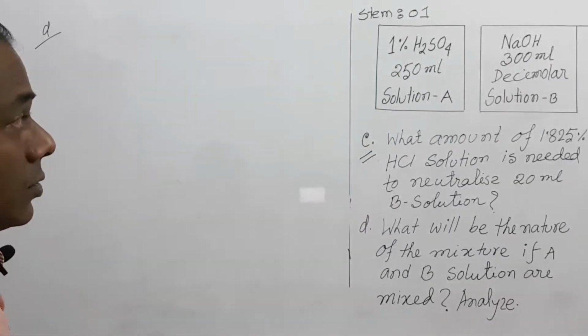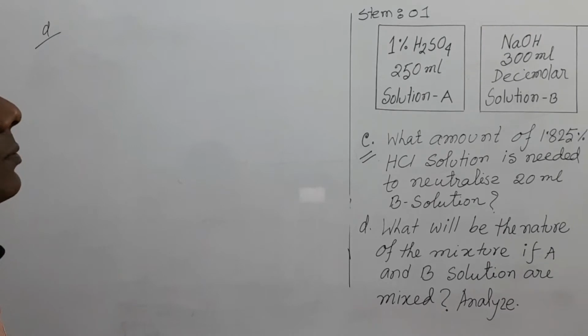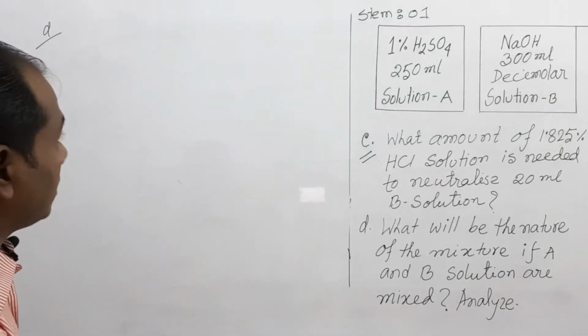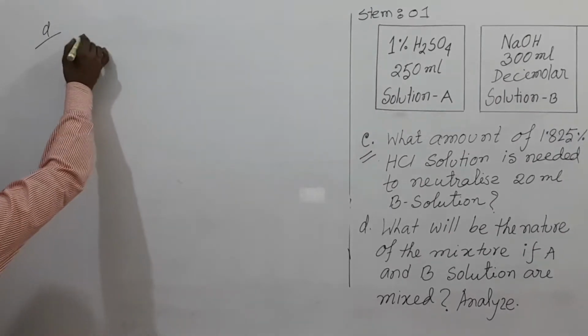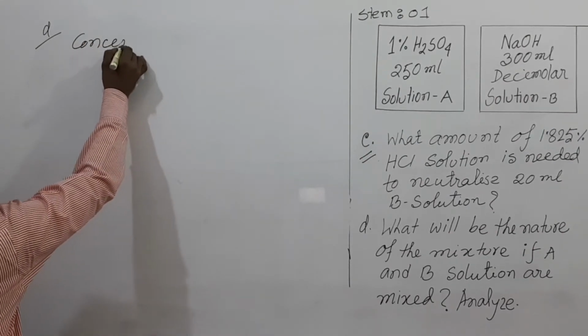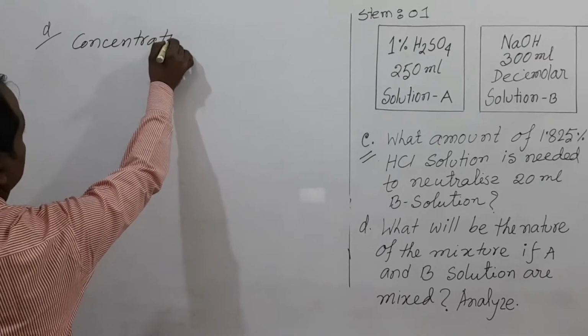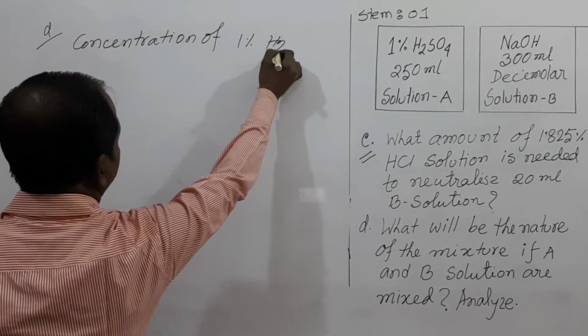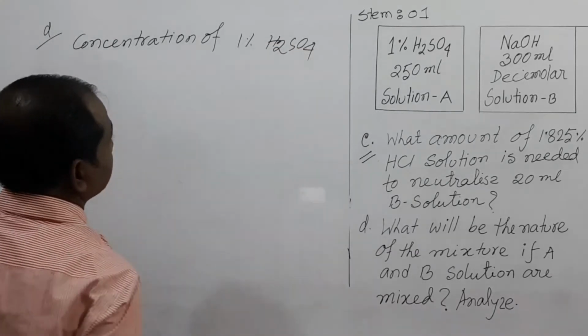To solve this question, at first we have to know the molarity of sulfuric acid, that means molar concentration of sulfuric acid. Concentration of 1% sulfuric acid, H2SO4.